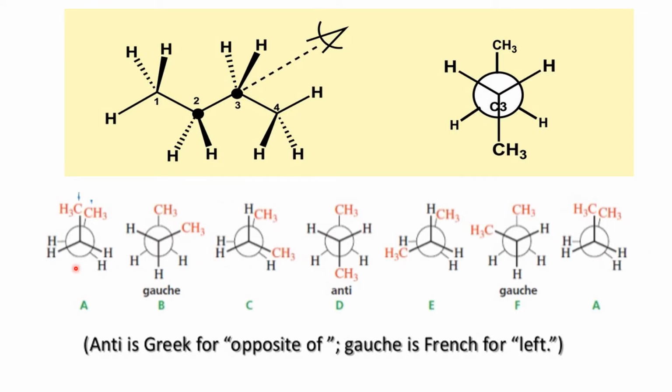Among these conformations, three conformations are typical. That is, one is the fully eclipsed form, another is the gauche form, and another is the anti form. So fully eclipsed, gauche and anti forms are the three extreme conformations of the butane molecule.